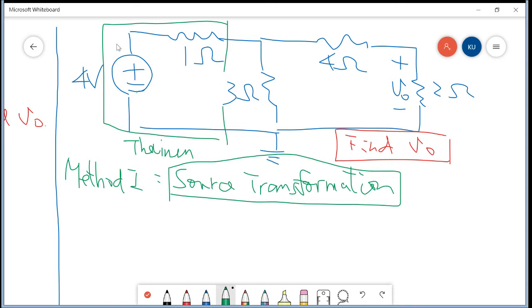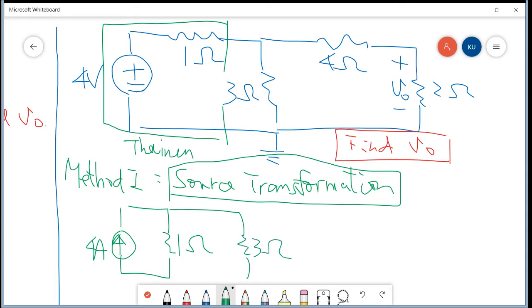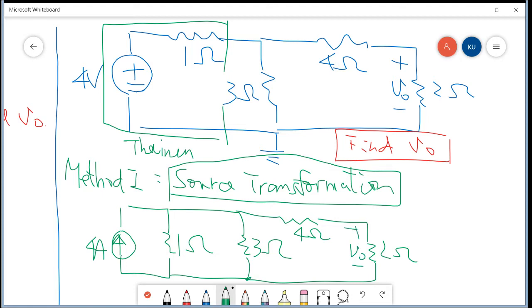So actually, this is the definite equivalent circuit. So we can convert it into the Norton equivalent circuit. So this is 4A and 1 ohm and 3 ohm. This is 4 ohm. This is 2 ohm. And this is VO.